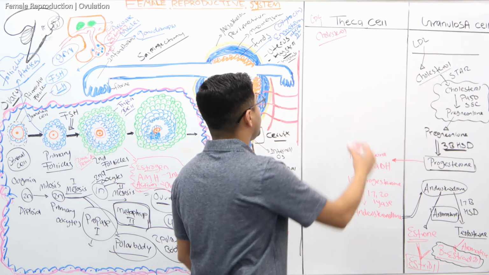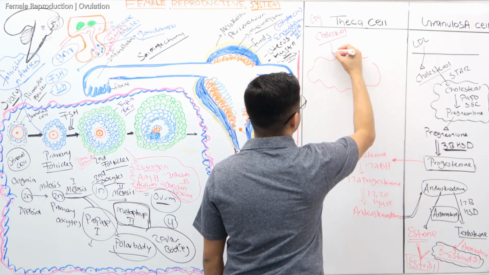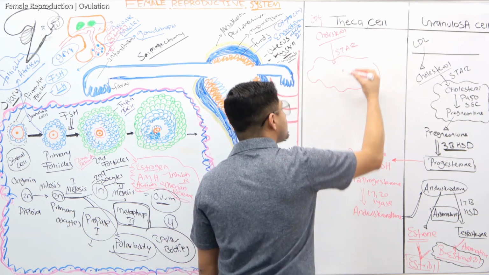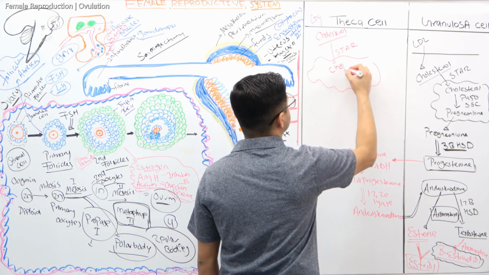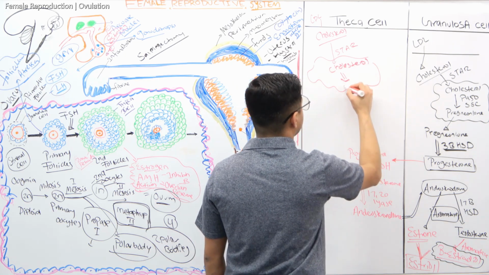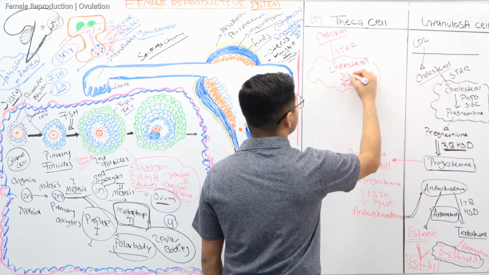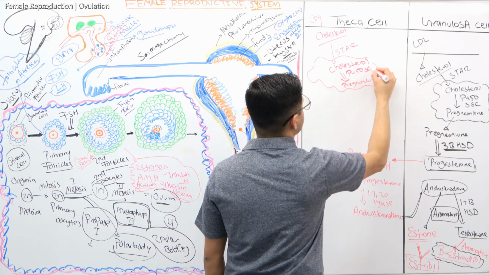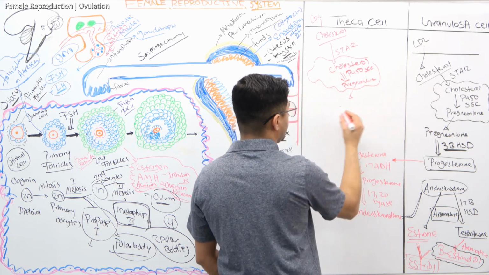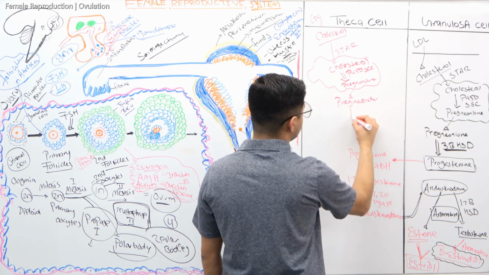They take in cholesterol, and then the cholesterol goes to the mitochondria right here, with the StAR protein. And these are theca interna cells I'm talking about. The cholesterol gets converted, just like that, into pregnenolone, obviously with the P450 side chain cleavage enzyme. And the pregnenolone comes here, and what is going to happen?